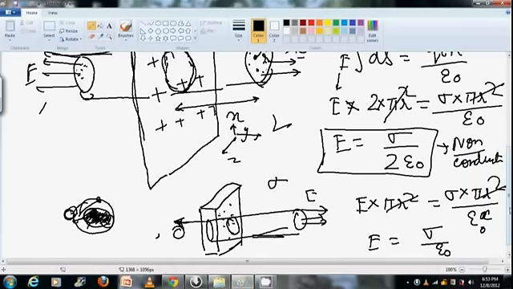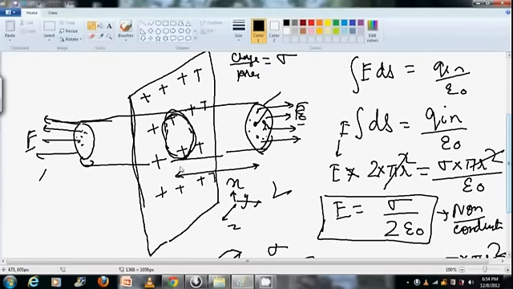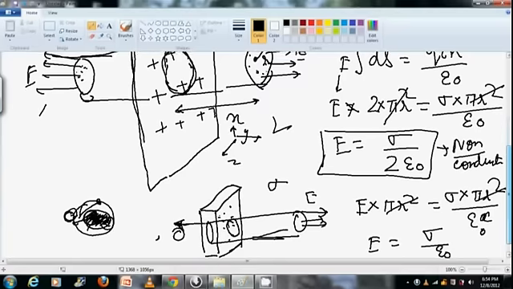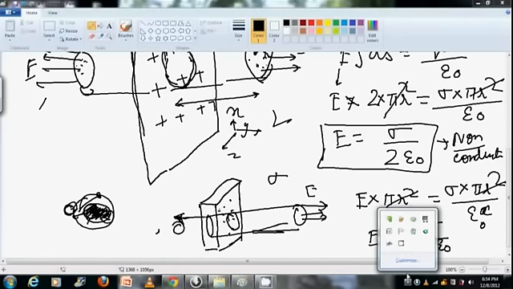Please be aware of this difference: the electric field due to an infinite non-conducting sheet is sigma by 2 epsilon naught, but if it is a conducting plate, then the factor of 2 is not there, it is sigma by epsilon naught. Please keep in mind this small difference, and see you in the next video.